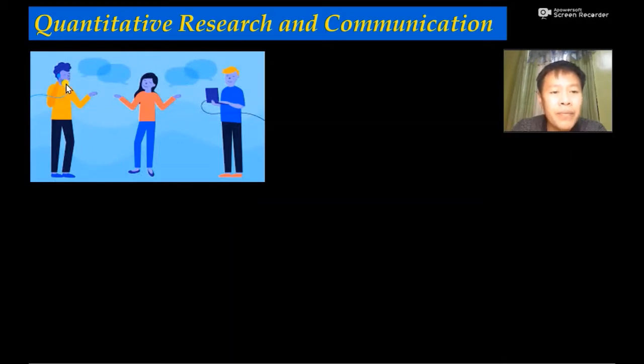And that is because of telephones, because of internet communication, because of the laptop, and that is because of quantitative research, because quantitative research produces inventions. And if you are not doubtful of a certain event, you cannot produce a quantitative research, because doubt leads to inquiry.